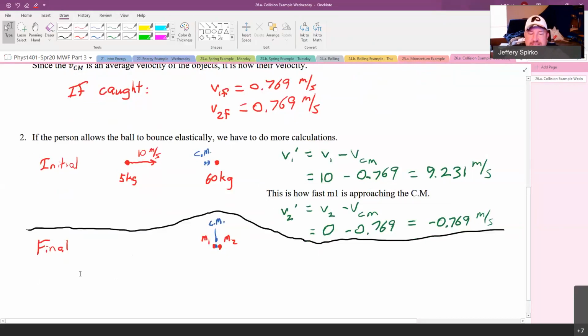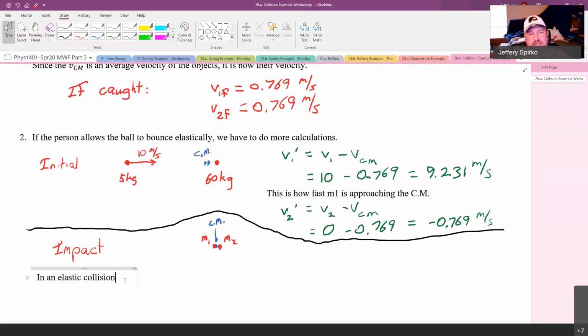And here is where the magic happens. Actually, this isn't the final state. This is the impact. We're not actually going to calculate velocities at that point of impact. We're going to go after it and look at what things look like after the collision.